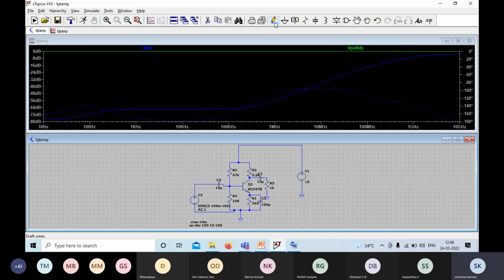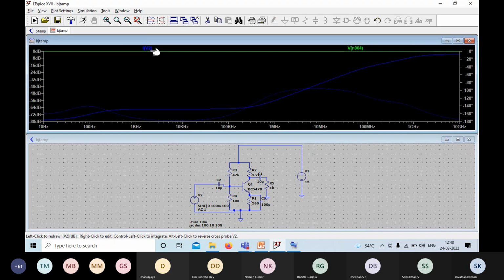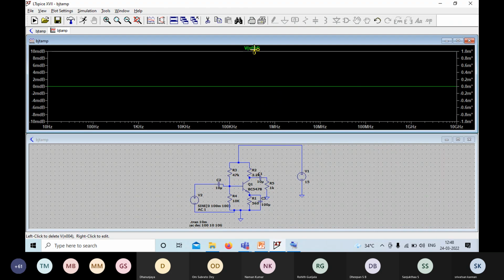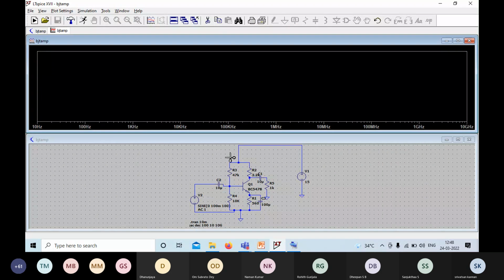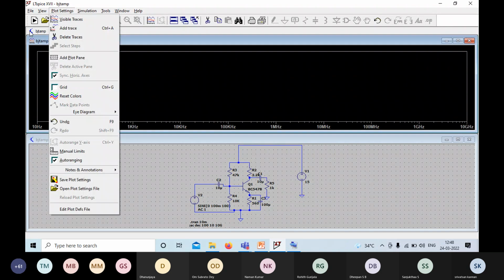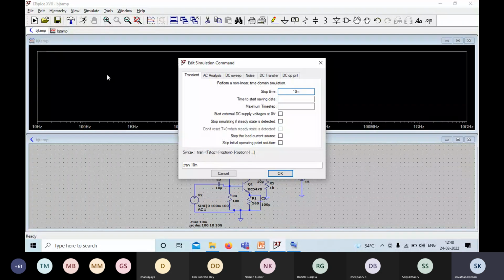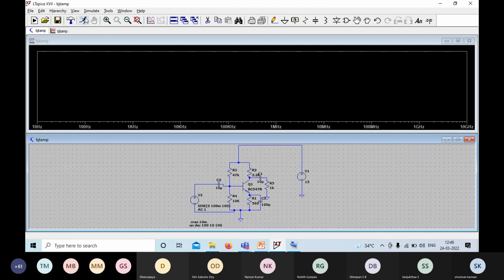I need to close this. Edit simulation settings, transient analysis. Next, run this.